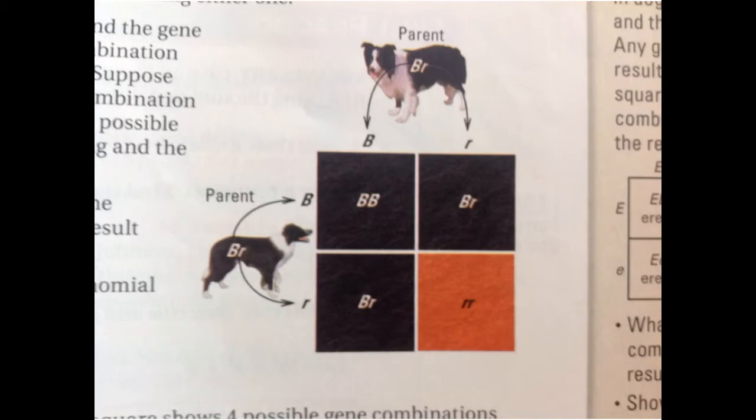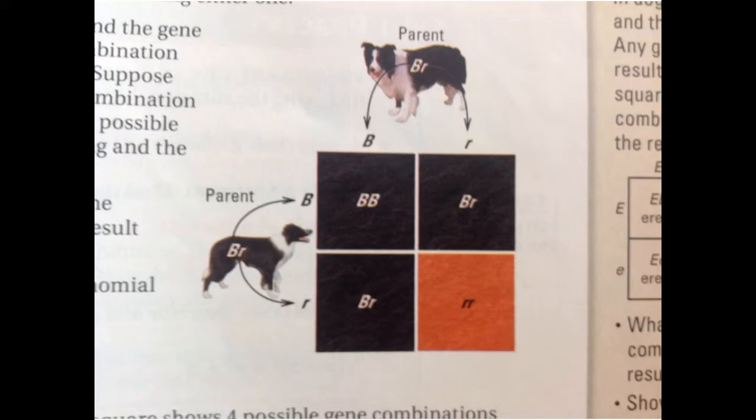If this was for your hair color, and one of your parents was capital B, you would have black hair. But if you have parents who have black hair and you come out with red hair, that means that one of them had that recessive gene for red hair.